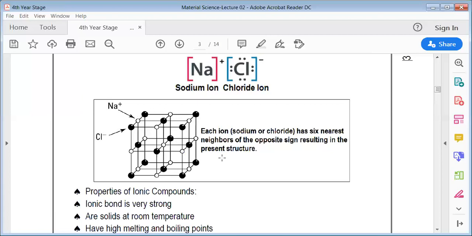So because the ratio is 6 to 6, six sodium ions and six chloride ions, in this crystal form, which is called a giant structure, that's why the formula for sodium chloride is NaCl. It means for each one sodium ion, there is one chloride ion, because the sodium has only one charge and the chloride has only one charge, so it is 1 to 1.